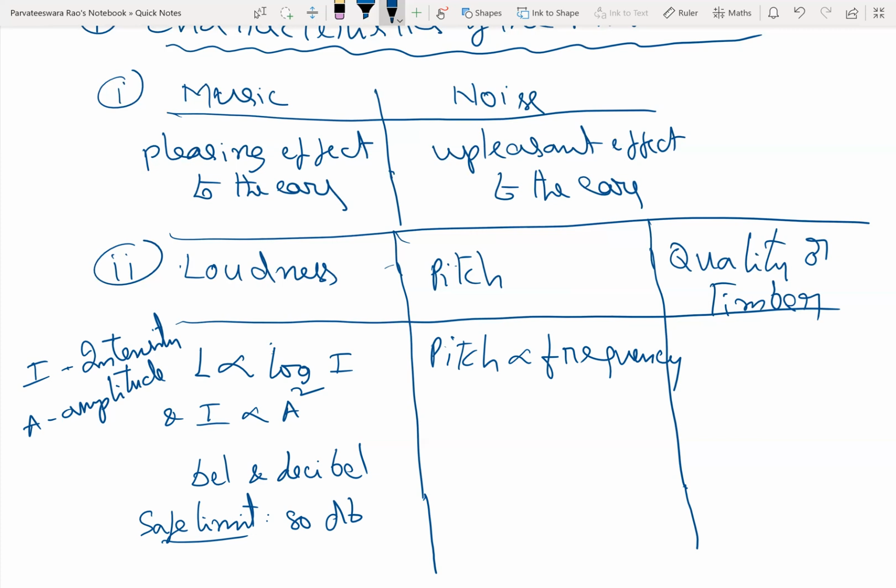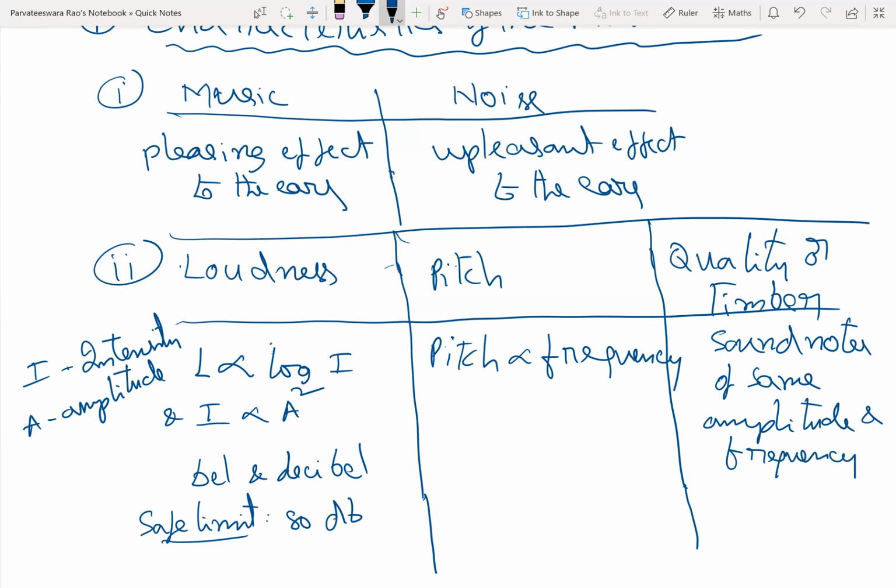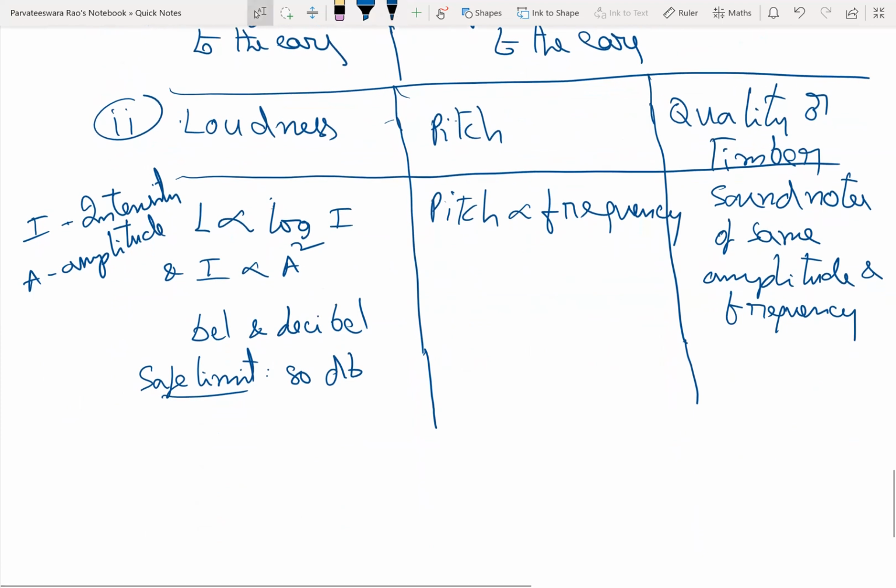Then you have two sound notes of the same amplitude and frequency. Then how to identify? Say you're not exactly in front of the source.